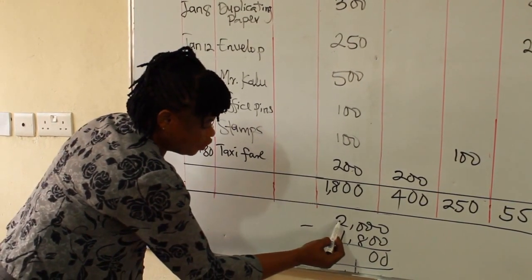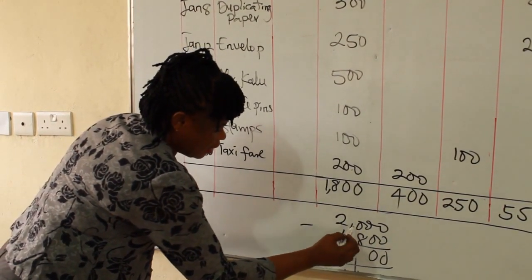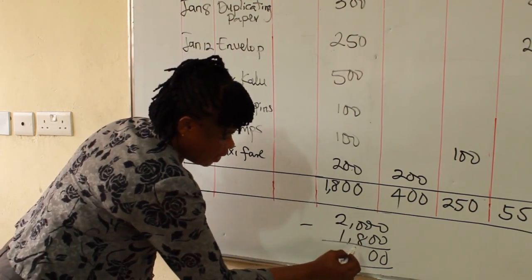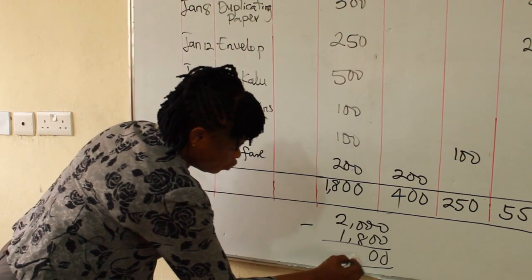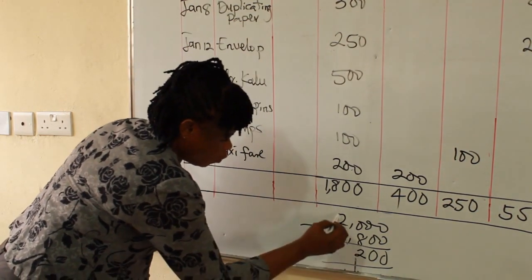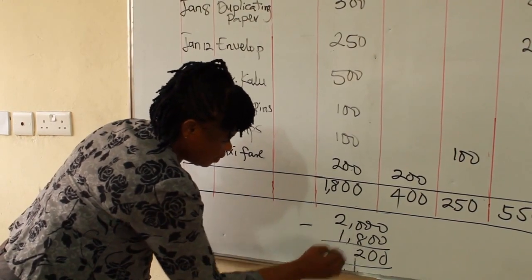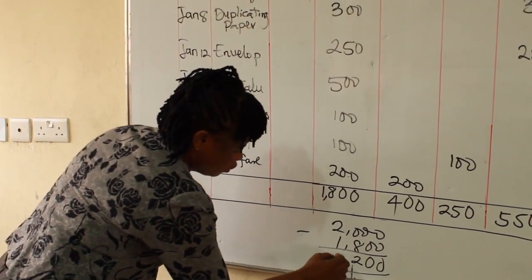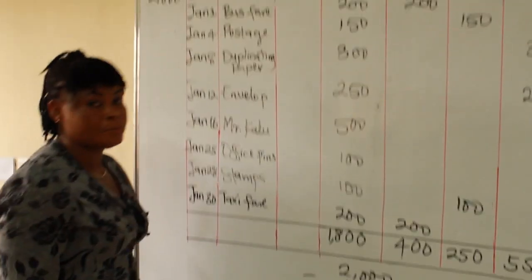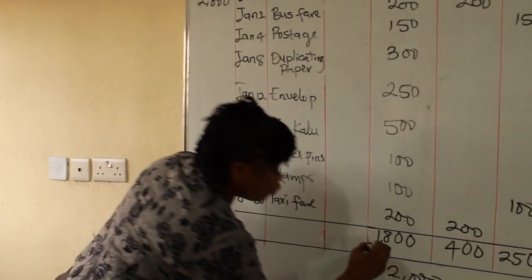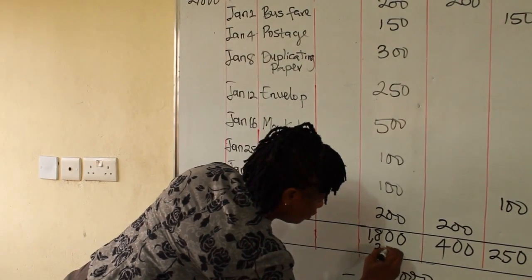We take 1 from the 2, put it here, and call it 10. We say 10 minus 8 will give us 2. And 1 is remaining here, remember? 1 minus 1 is 0. Therefore, we have 200 naira. So this 200 naira you bring it down here.